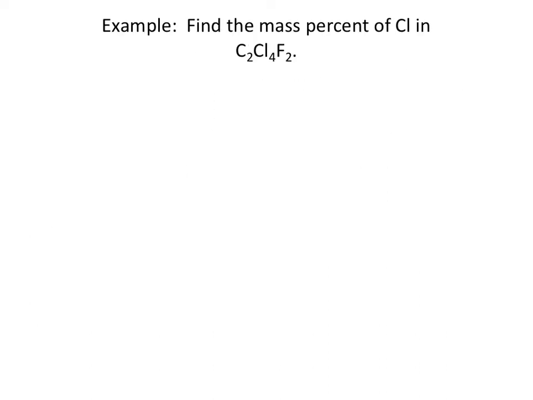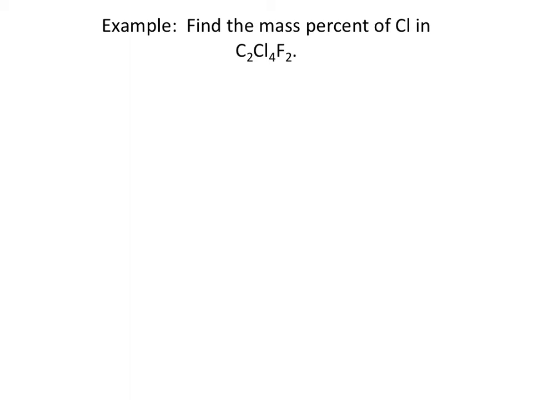Alright, so in the first example, we want to determine the mass percent of chlorine in C2Cl4F2. And so we can do this by using the formula and the molar mass of the compound. If we determine the molar mass of the compound, then we'll know how much 1 mole of that compound weighs.